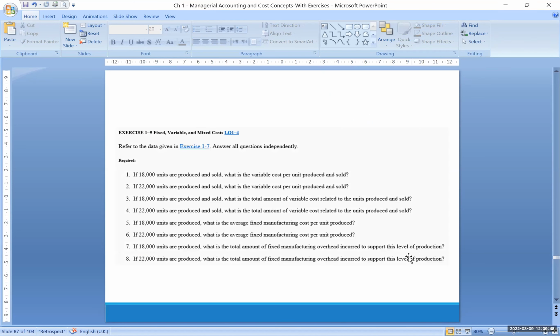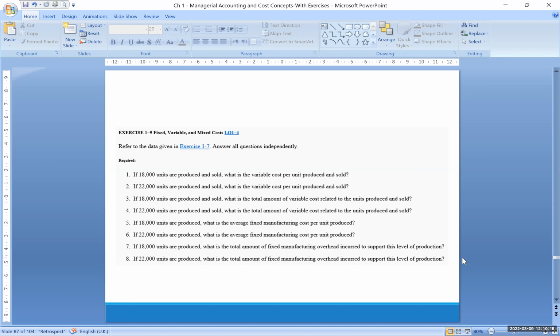Go back to the question. Number 7, if 18,000 units are produced, what is the total amount of fixed manufacturing overhead incurred to support this level of production? Should be the same. Why? Because I'm paying already the 100,000. So the answer is the same. The total fixed manufacturing overhead remains unchanged, which is 100,000.